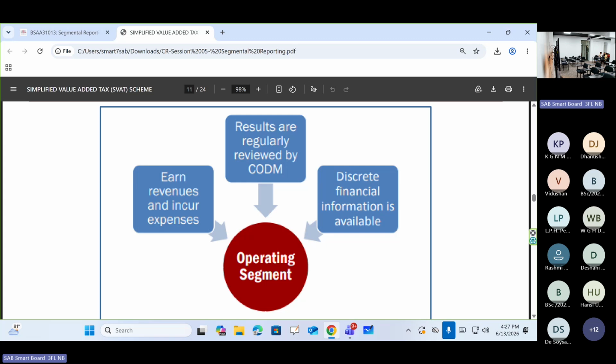Fifteen marks. So these are compulsory questions. Then a question on ratio analysis, where you need to interpret ratios.